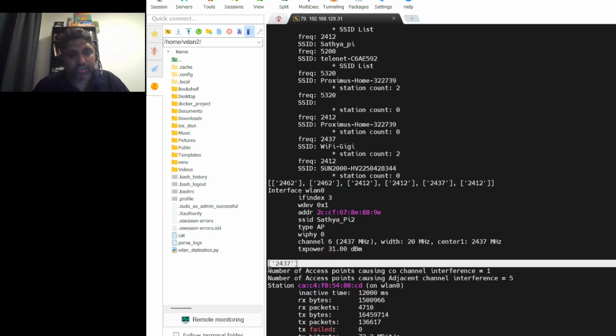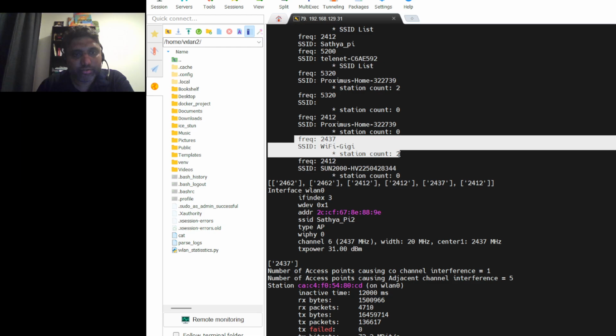Then I say co-channel interference is the interference caused by an access point in the same channel frequency. That is, whichever access point is in channel 6 will cause co-channel interference. There is only one access point in channel 6, which has two stations connected.